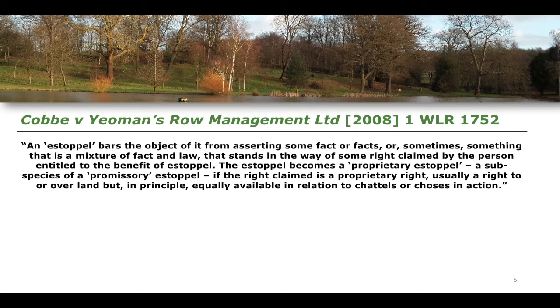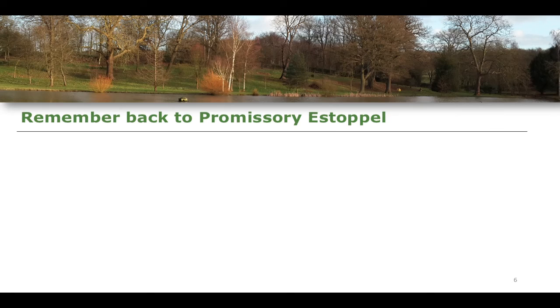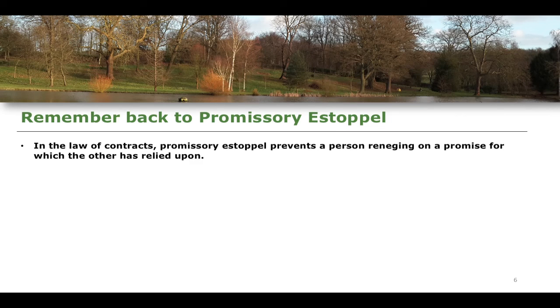It is a right over some land, or in some land, or to some land, whatever that may be. If we remember back to promissory estoppel, it prevents a person from reneging on a promise which the other has relied upon. And so the result here is that we are preventing people from reneging on a promise which the other person has relied upon in relation to a proprietary interest, an interest in or over a piece of land.